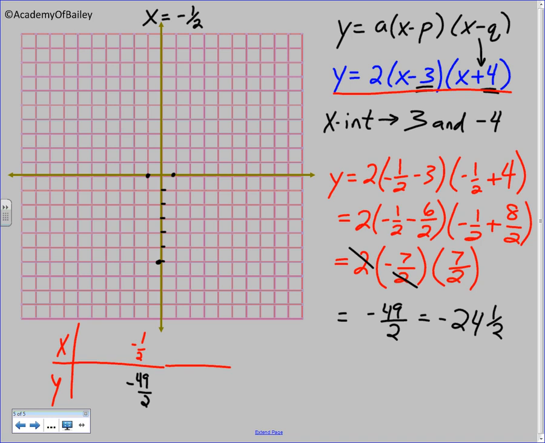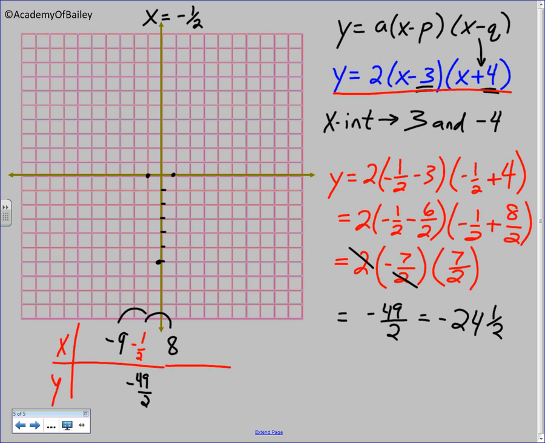Okay, so now let's figure out some things here. If I want to choose 8, I know 8 is 8.5 away from negative 1/2. So what would be 8.5 away from here? I believe it's negative 9. Okay, so let's take 8.